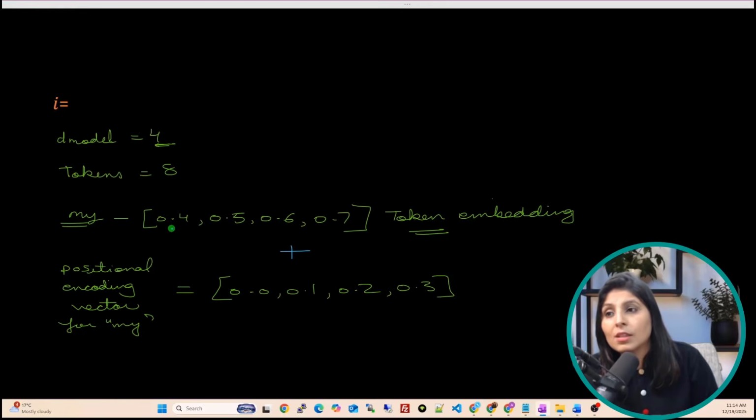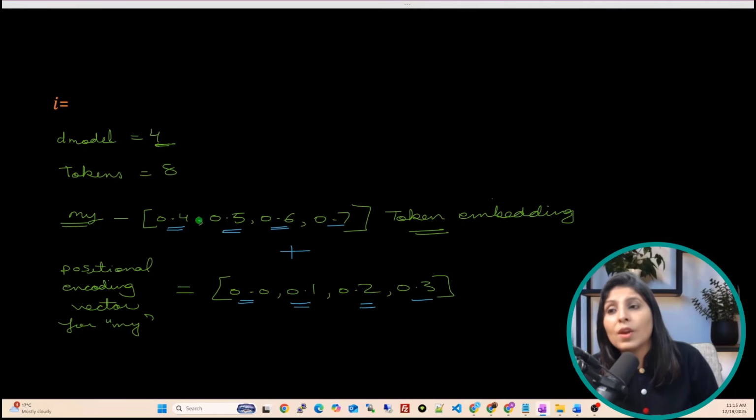That means the first value of the token embedding vector will be added to the first value of the positional encoding vector. This is what element-wise addition means. The second value will be added to the second value, the third to the third, and the fourth to the fourth.